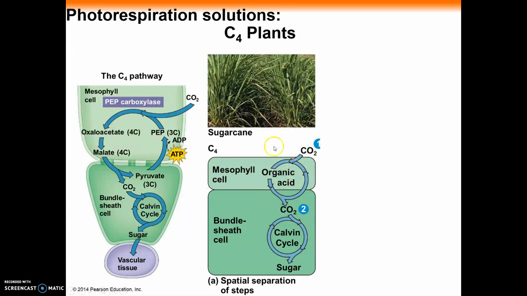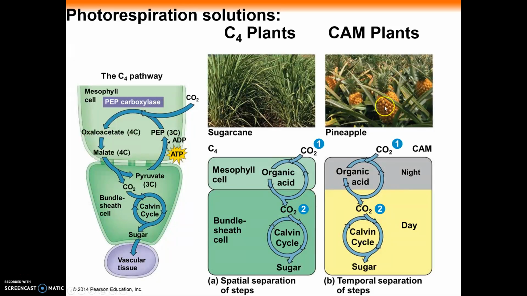So what these plants are doing, these C4 plants, is physically separating or spatially separating these 2 steps, right? So we have photosynthesis occurring over here that's generating oxygen. We take CO2 and instead capture it and then release it into another cell. So it's physically separated. CAM plants have a slightly alternative mechanism. What they do is use time separation or temporal separation of the steps.